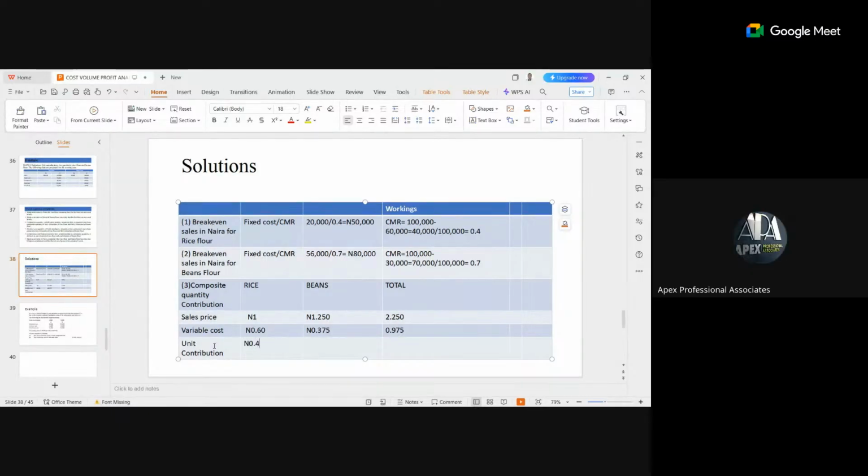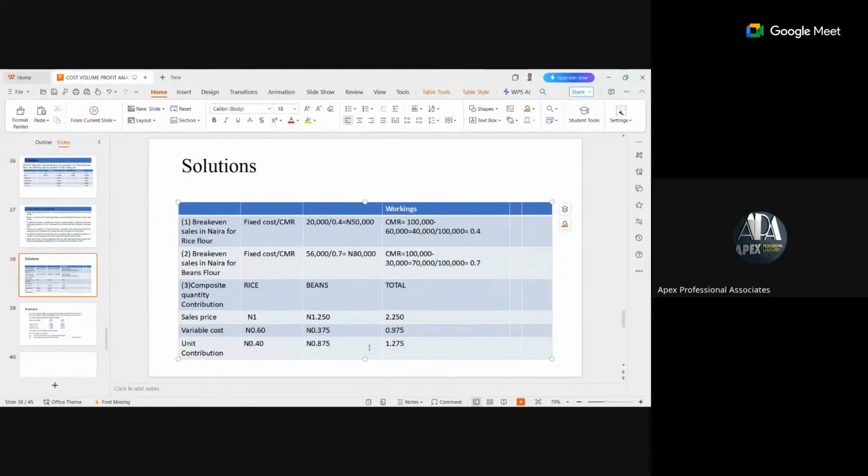For beans it is 0.875. If your environment is noisy, just mute yourself. So the total will now be 1.275. These are the unit contributions.